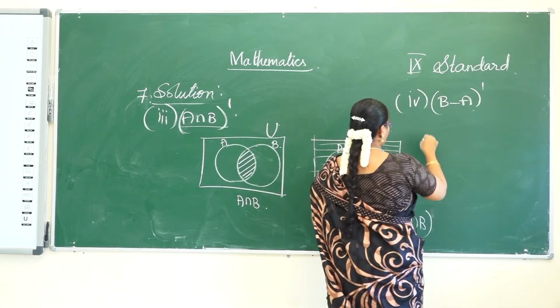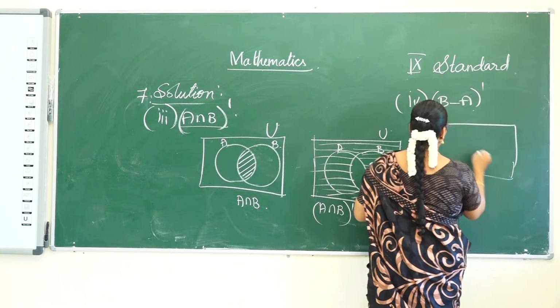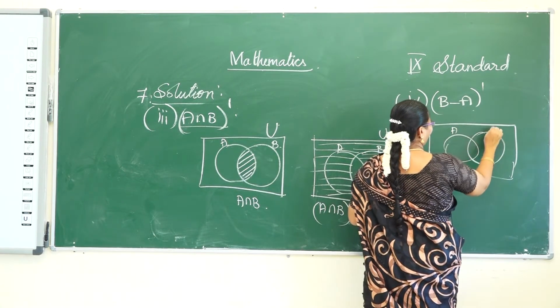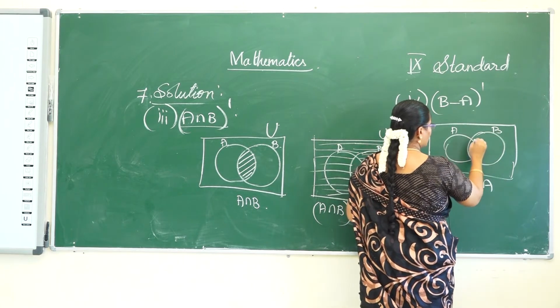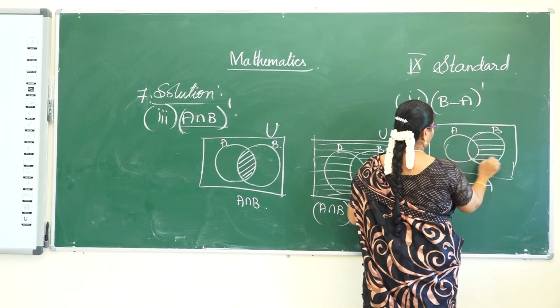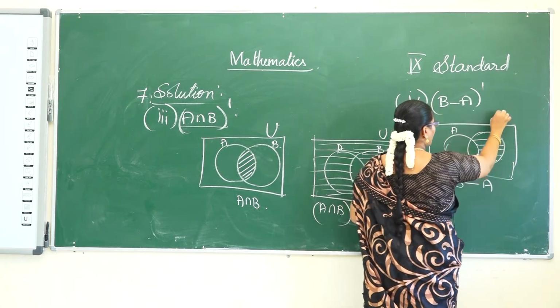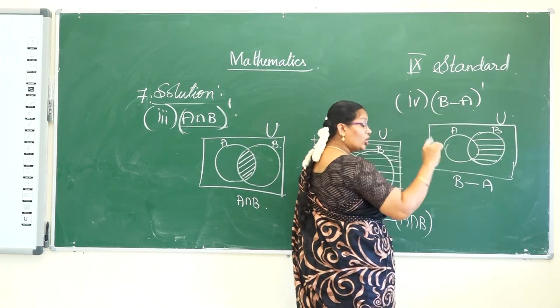So it's also an easy one. First draw the diagram of the overlapping of A and B. First draw B difference A. So B difference A means this one. This portion is called B difference A. Already you know well. Here we need B difference A, the whole complement.